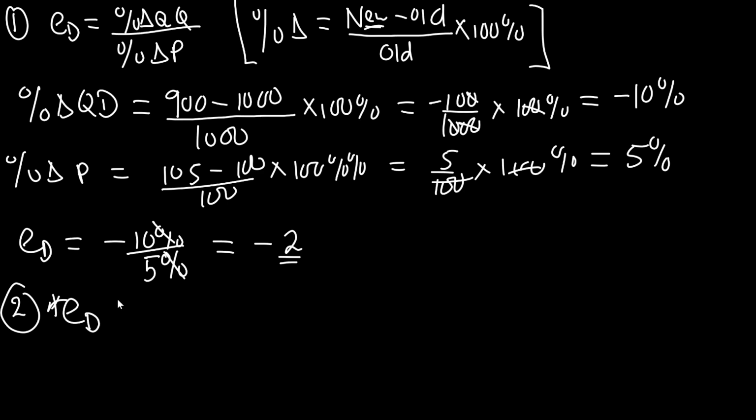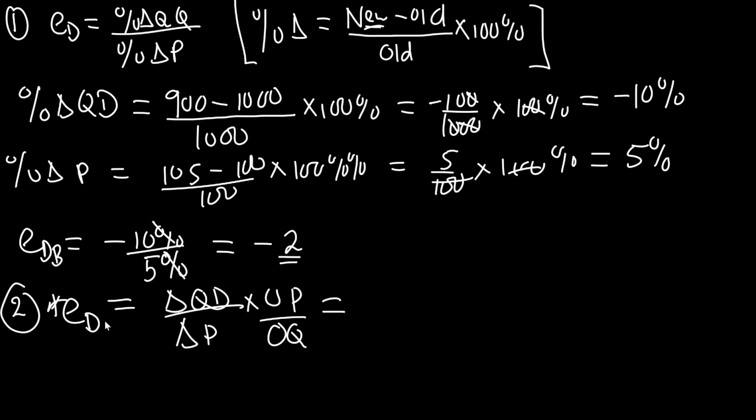This is my favorite formula, which is just the change in the quantity demanded over the change in the price, times the original price over the original quantity. The change is just the new minus the old. You just subtract the two. Remember, you're calculating the elasticity of demand for B. The new quantity for B is 900.